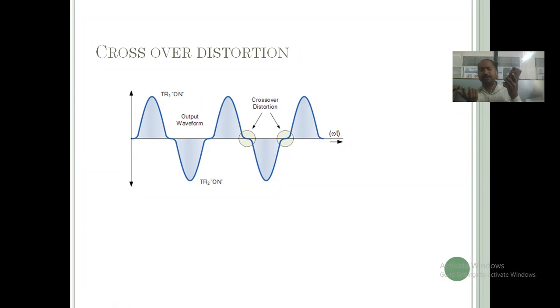This will happen. That's why class B type of configuration has this crossover distortion, which eliminates some of the data. That's why it is not applicable for the purpose of voice communication.